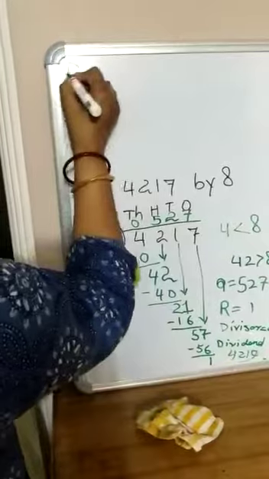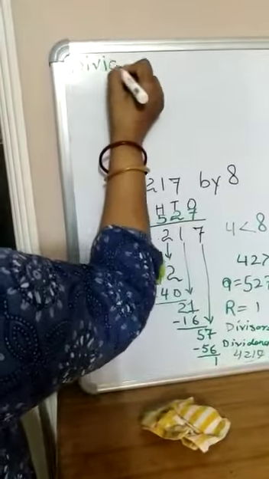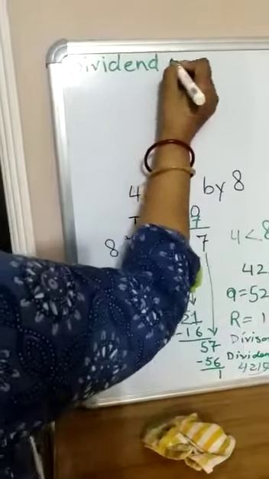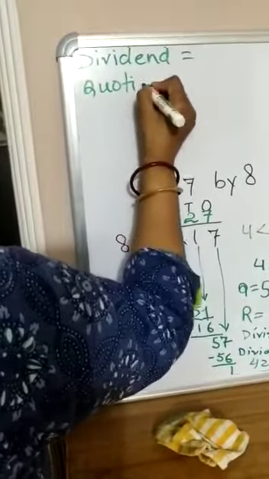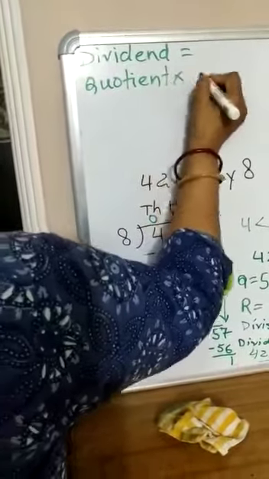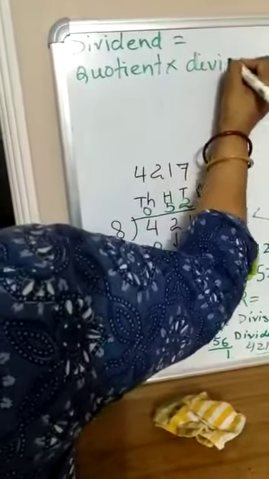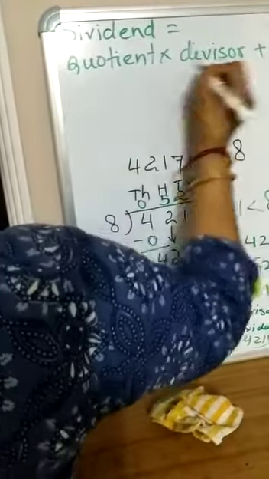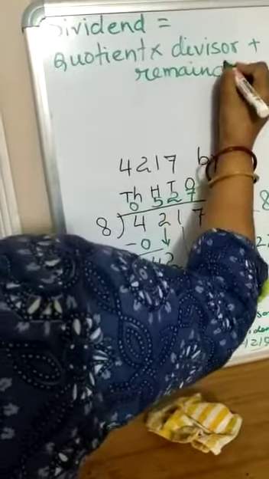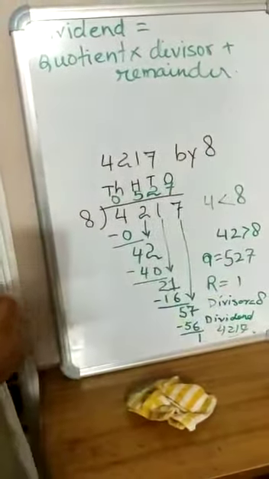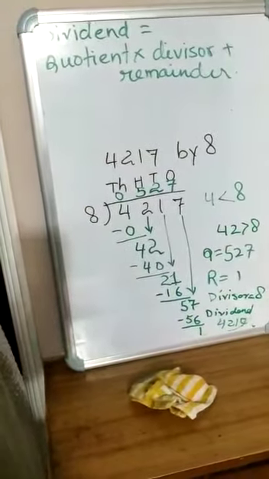What is the formula of checking? Dividend is equal to quotient into divisor plus remainder. So we will insert all the numbers here.